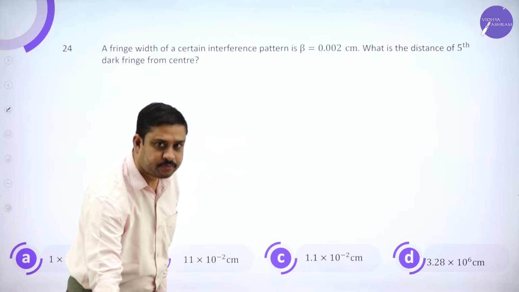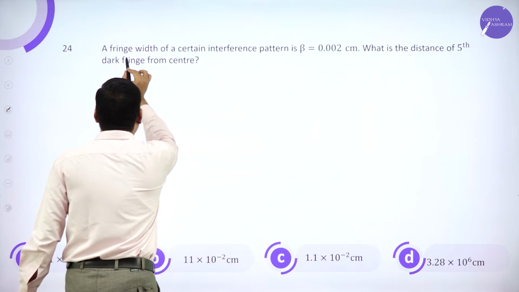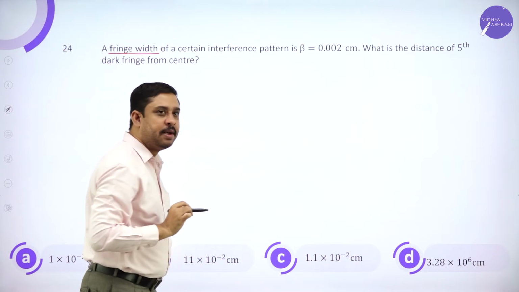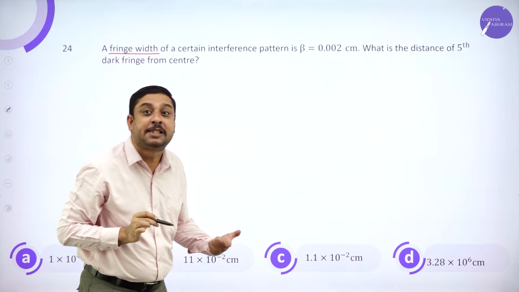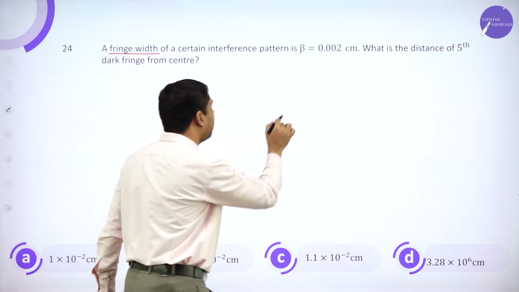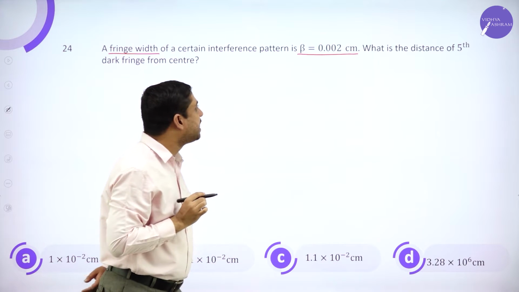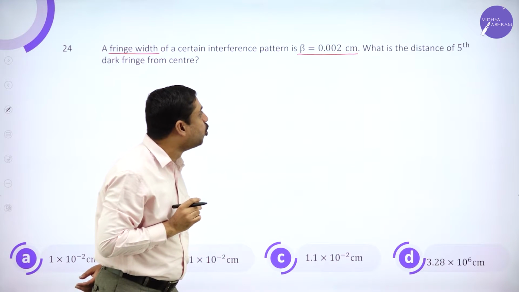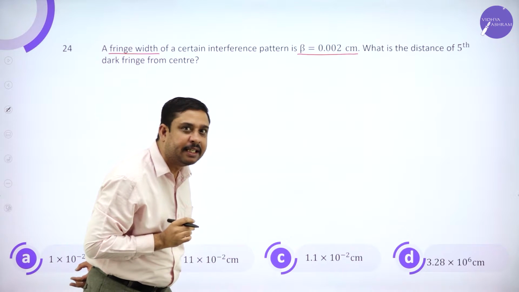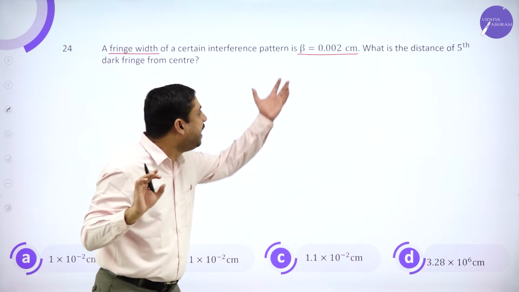24th. The fringe width of the fringes, beta, is 0.002 centimeter. Fringe width is given. Beta is given.